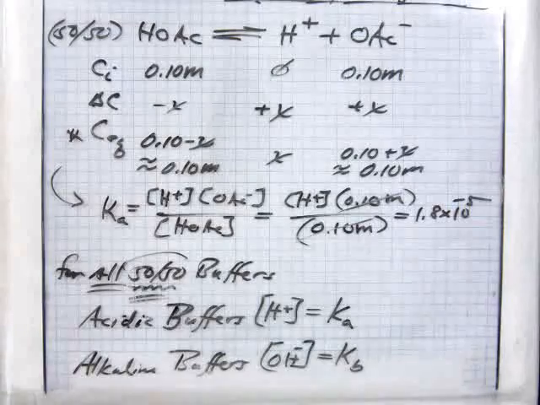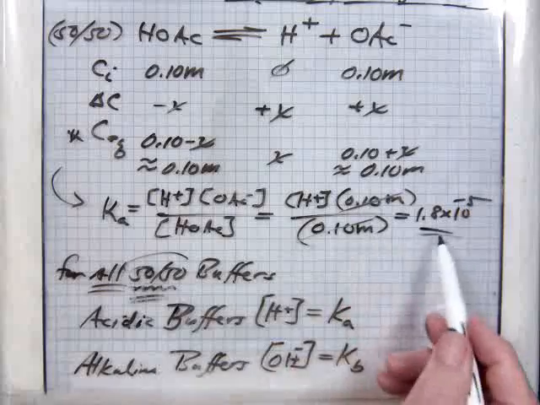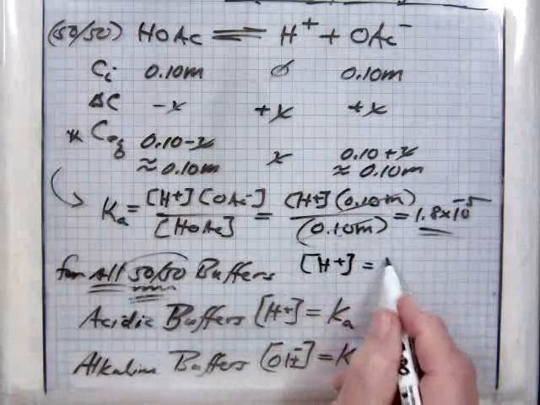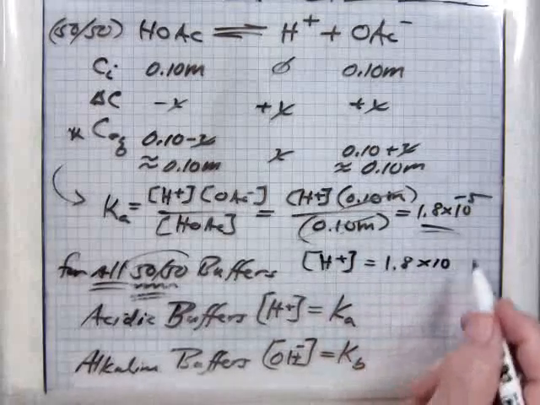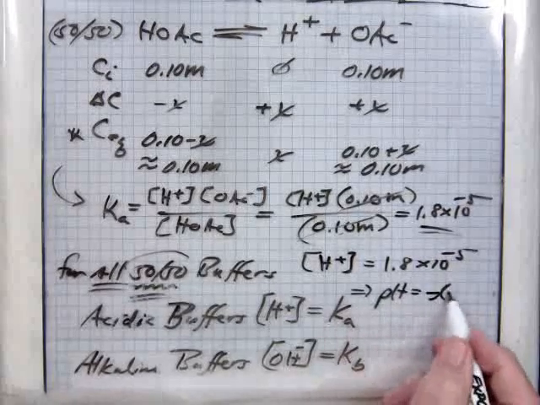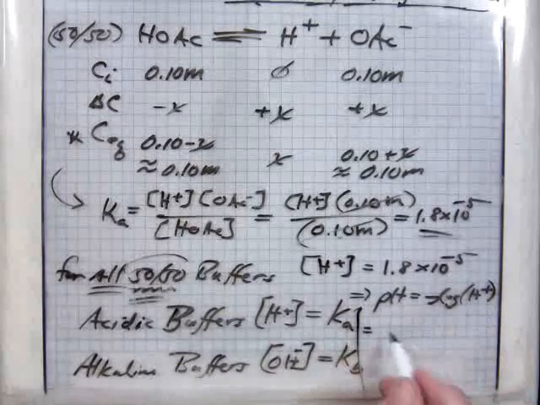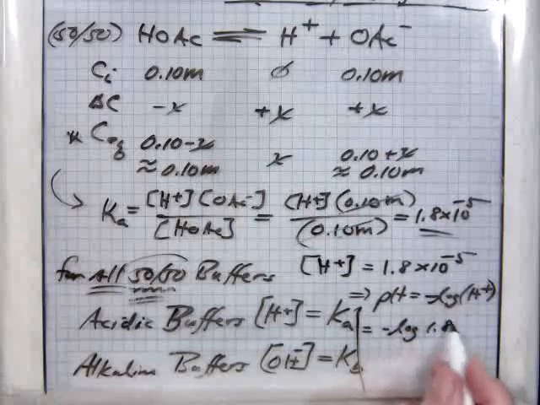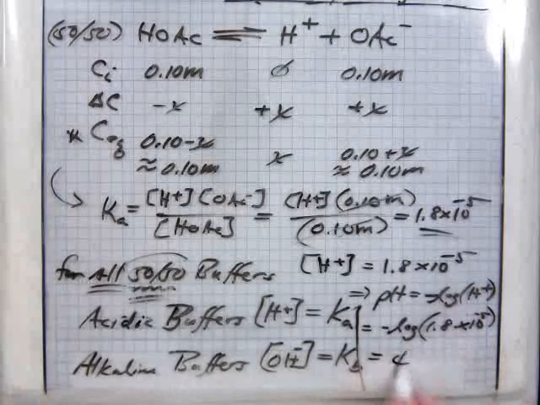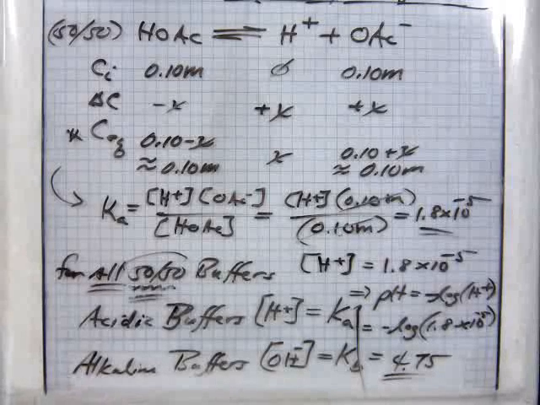Okay, so with this as the hydronium ion concentration, because those two cancel out, then we can get the pH to equal minus log of the hydrogen, which equals minus log 1.8 times 10 to the minus 5, and that comes out 4.75. So you have an acidic buffer.